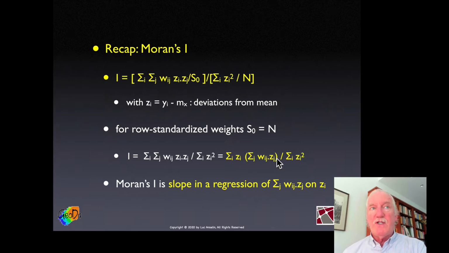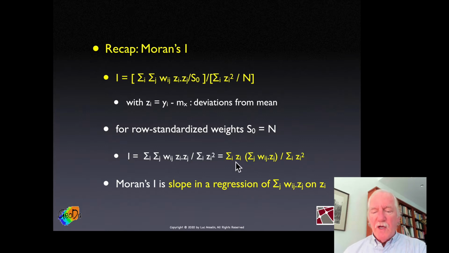And this expression, to refresh your memory, if you know the formula for the regression coefficient in a bivariate regression, you may recall that's the sum of the cross products of x and y in the numerator, and then the sum of the squares of x in the denominator.